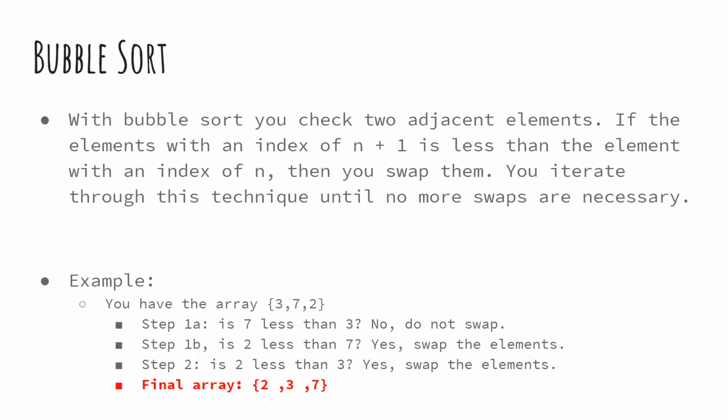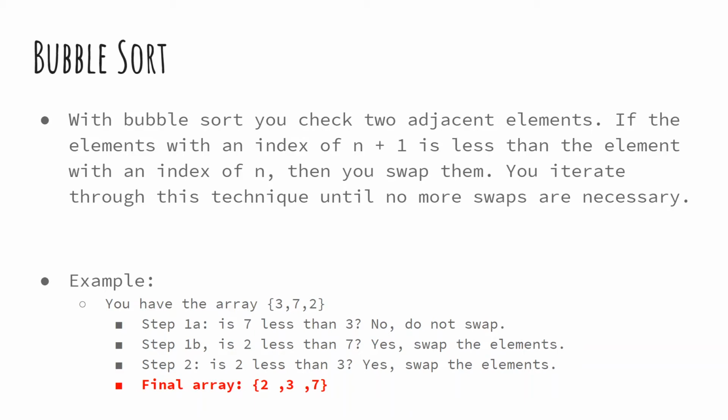There's actually another way of doing this, and it's more algorithmic. It's more coding it yourself rather than just using a single method. The first method is known as bubble sort, and all this essentially does is compare adjacent elements, and if the element at index n plus 1 is less than the element at index n, then you would just switch those.